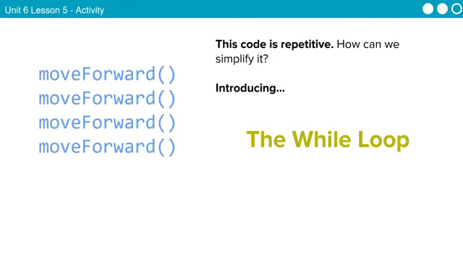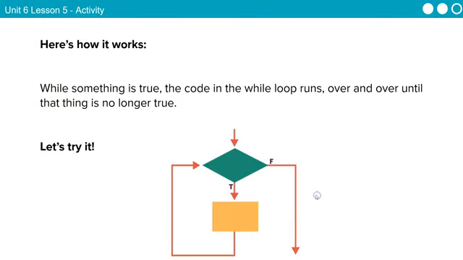In coding, we have 2 different types of loops that we could use. The first one is called a while loop. Basically, a while loop is saying, hey, as long as something is true, run the code inside the while loop and keep doing this over and over until that thing is no longer true. What they've given us here is a little chart, or workflow. Some of this should look familiar because we did this when we first introduced the if-else statement. This green diamond is where our Boolean expression goes.